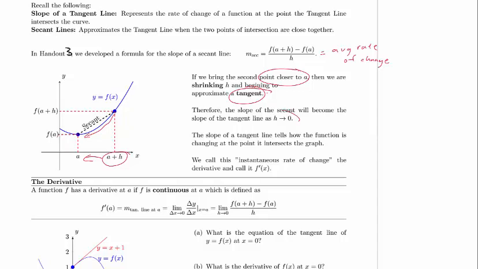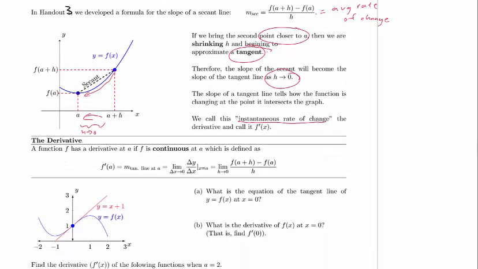We're going to take the limit as h approaches 0. Right? When h approaches 0, this distance right here becomes very small. And so we call this the instantaneous rate of change, or simply the derivative.